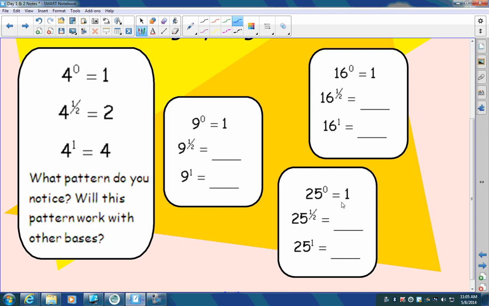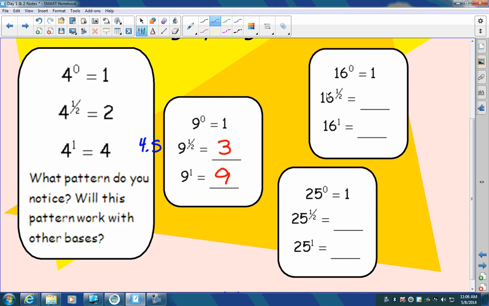Ready? Here is what I know quite a few of you did, and it is just fine. You thought that 9 to the 1/2 was 4.5, because what you did was take half of 9. You divided 9 by 2. But when you put it in the calculator, what did you get? You got 3. And then 9 to the first power is 9.